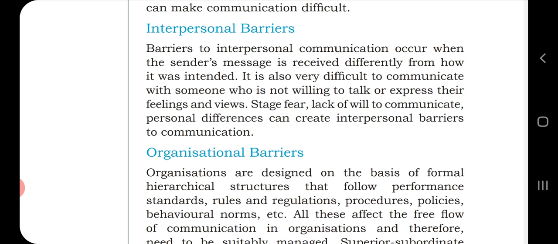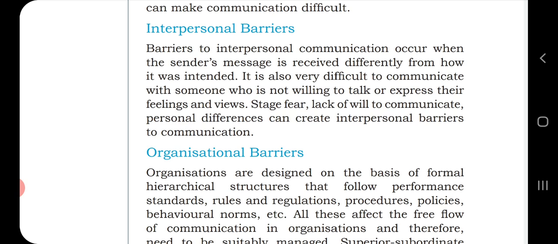Lack of will to communicate: even if you have something to say, because of being lazy or not willing to communicate, again there will be an interpersonal barrier. Personal differences: somebody does not agree with your viewpoint. That is called personal difference.